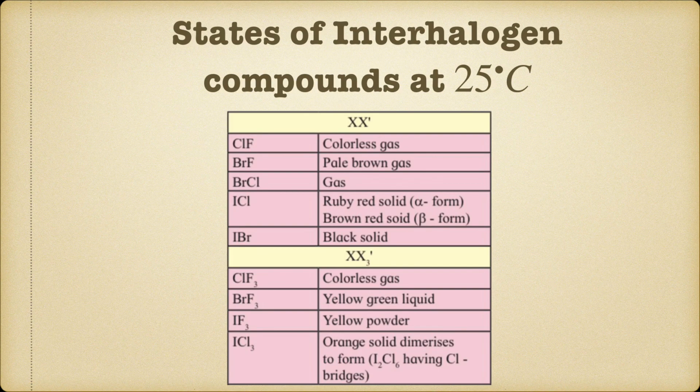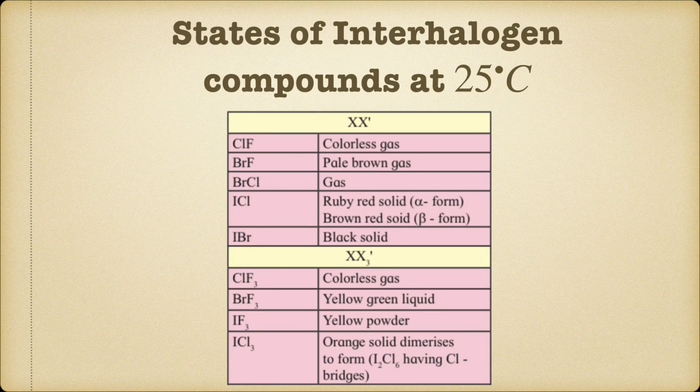Chlorine monofluoride is a colorless gas, bromine monofluoride is a pale brown gas, bromine monochloride is a gas, iodine monochloride is a ruby red solid in alpha form and a brown red solid in beta form. And the last one, iodine monobromide, exists as a black solid.